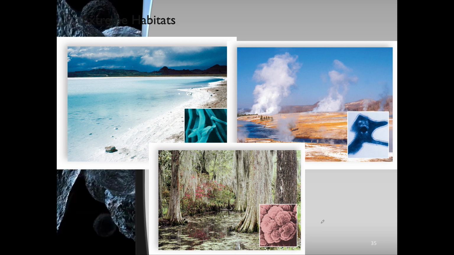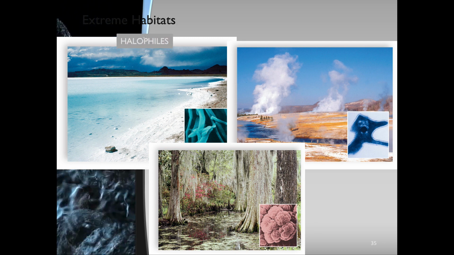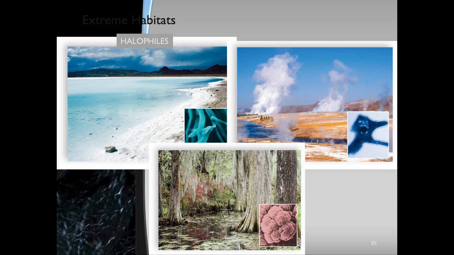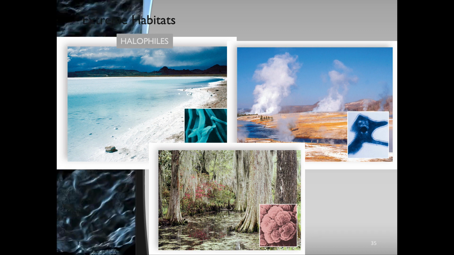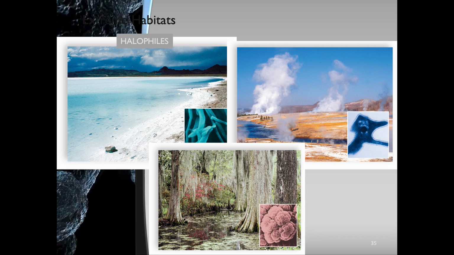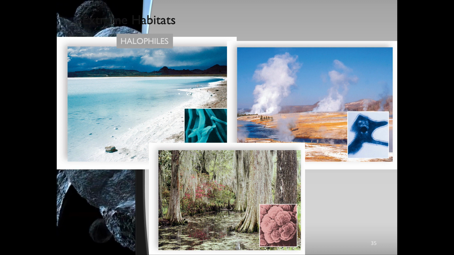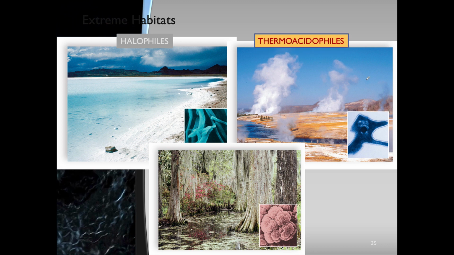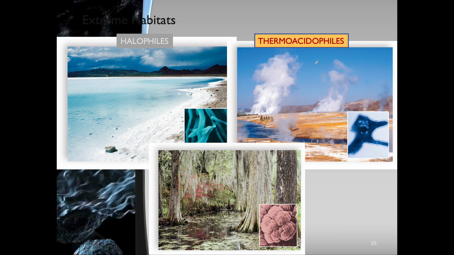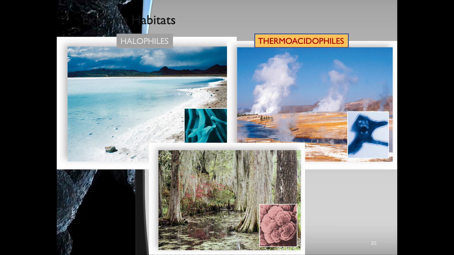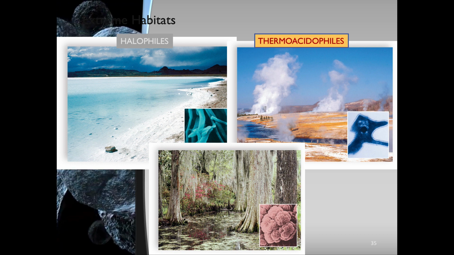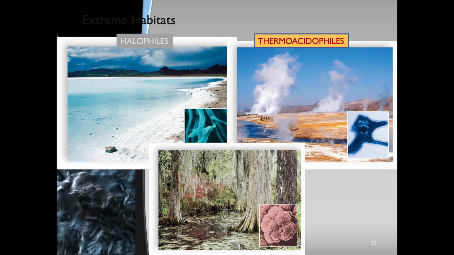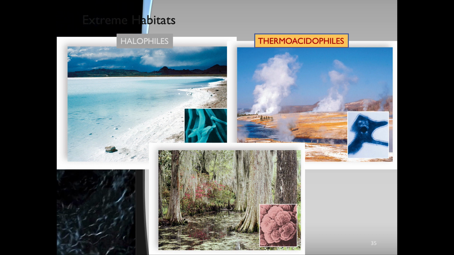Here you can see a picture of some of those extreme habitats. We have halophiles, so you're going to find them living in this water that is so salty. You can see this kind of salty crust here where the water has evaporated on the shoreline. We're also going to take a look at where the thermoacidophiles live. So imagine areas that have a lot of hot springs and geysers, bubbly sulfuric water solutions.